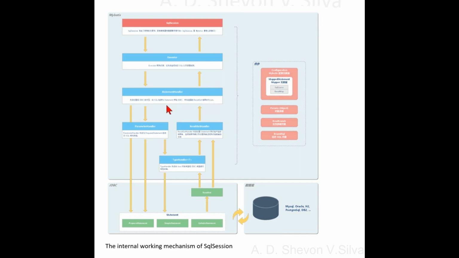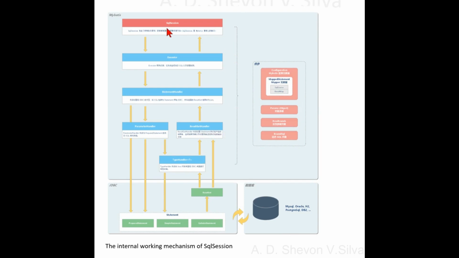Statement handler interacts with the parameter handler, and parameter handler is connected to type handler and statement. Here statements are connected to result set, and result set is connected to type handler and result set handler. Type handler is connected to the result set handler here.